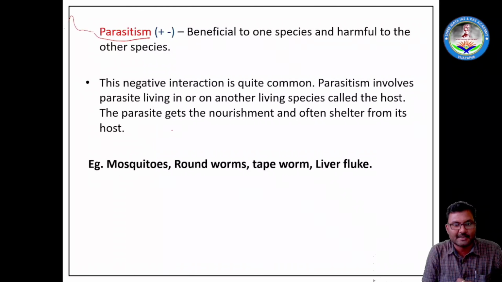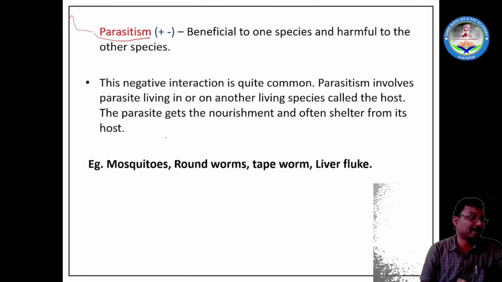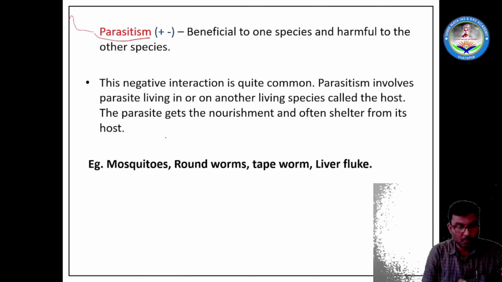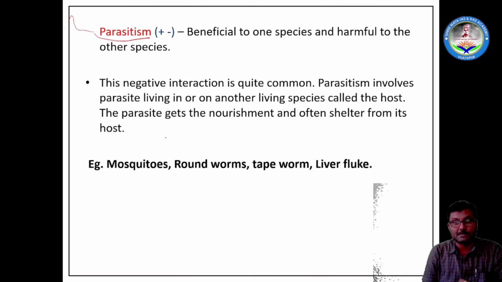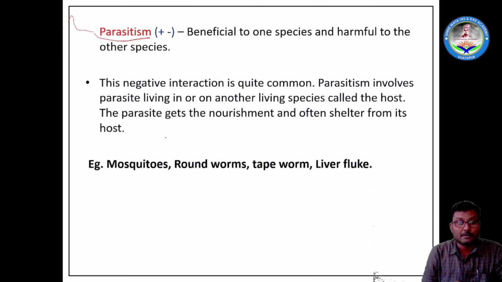Parasitism involves a parasite living in or on another living species called the host. The parasite gets the nourishment and often shelter from its host. Example, mosquitoes. In India, I don't think anyone can say that they have never been bitten by mosquitoes. Everybody has, because we have more mosquito varieties too. If you go to Odisha and some other regions, malaria is rampant because of mosquito bites.